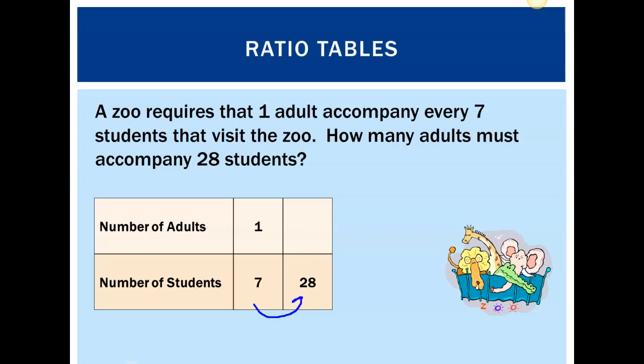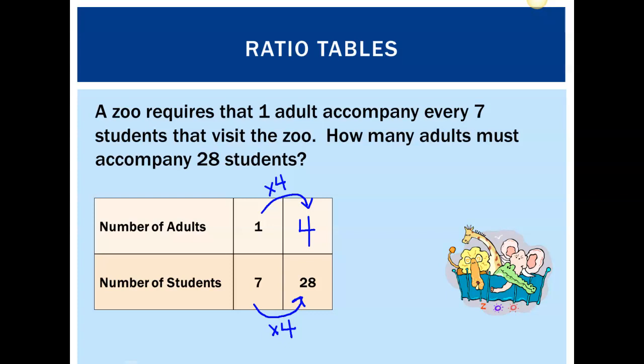You have to ask yourself, how do I get there? What can I multiply by, or what can I divide by? In this case, 7 times 4 is 28. That means I will also need to multiply the numerator times 4, and I can find that I need 4 adults for every 28 students.